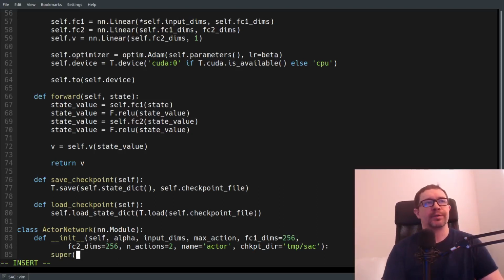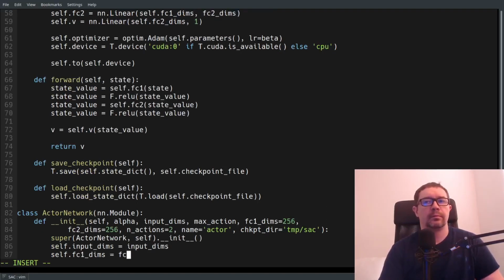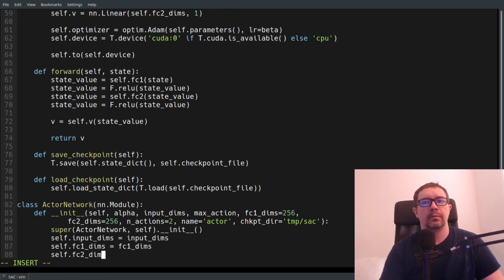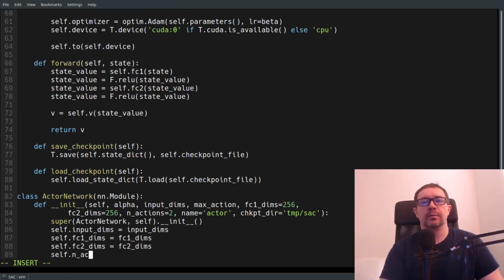So we will call our superconstructor and save our variables. We'll need number of actions.